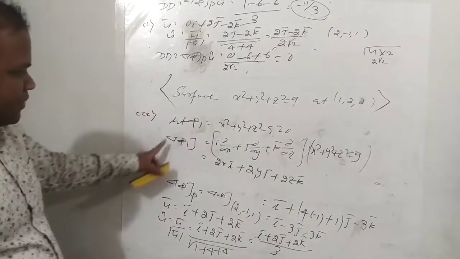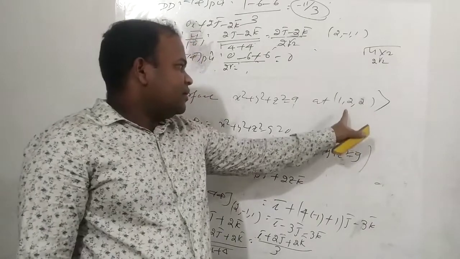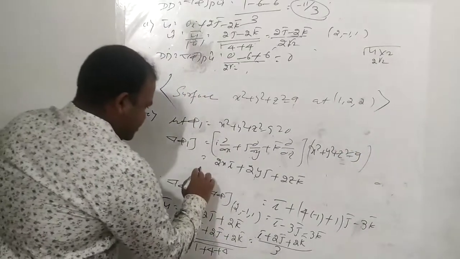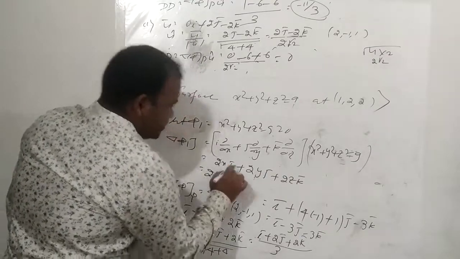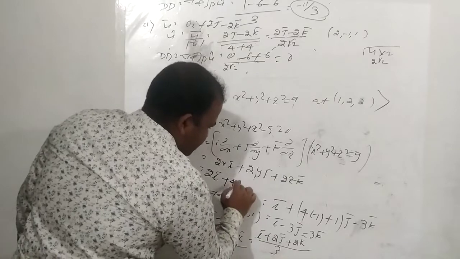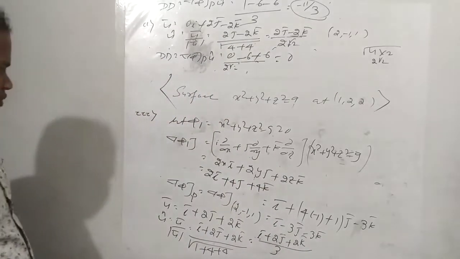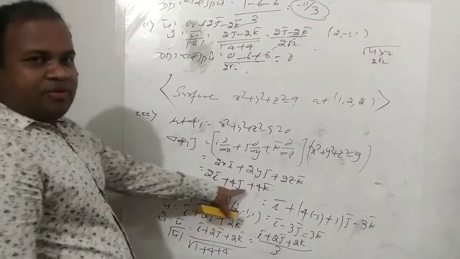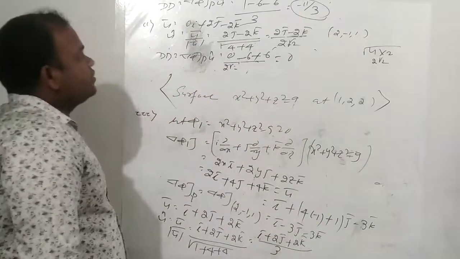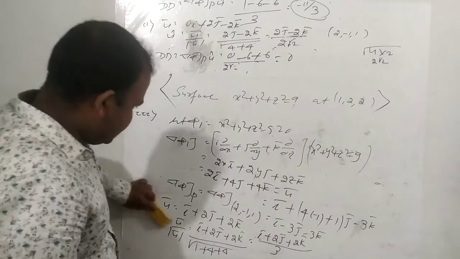At the point 1, 2, 2, x equals 1, y equals 2, z equals 2. So this is i plus 4j plus 4k, the value of del phi 1. Let this be called the u vector. So what is del phi at p?